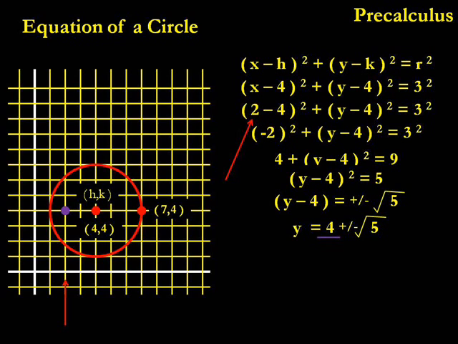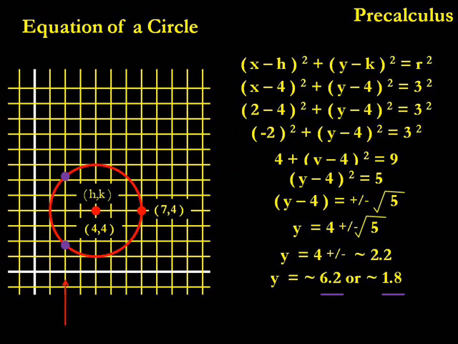But you don't usually want to reduce or approximate the square root of 5. This is the answer, y equals 4 plus or minus the square root of 5. But just to explain it a little better so you can see it, the square root of 5 is about 2.2. So if we have 4 plus or minus about 2.2, that's where the actual 2 points lie on the circle.